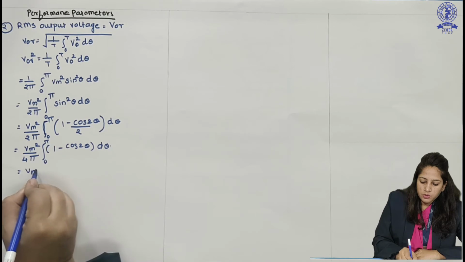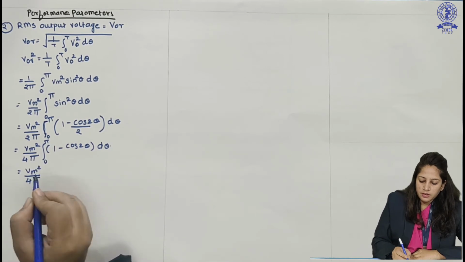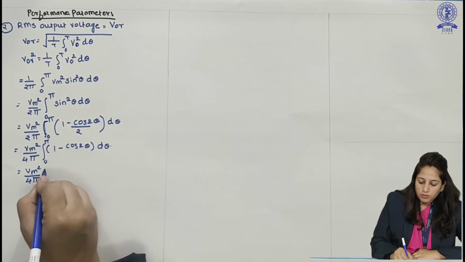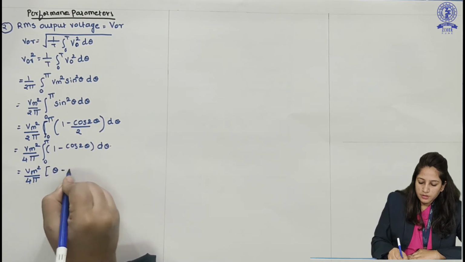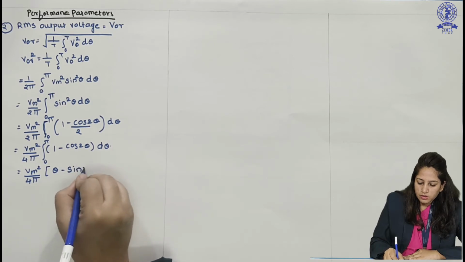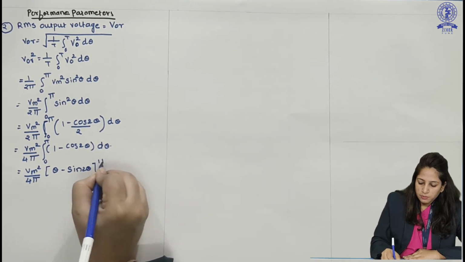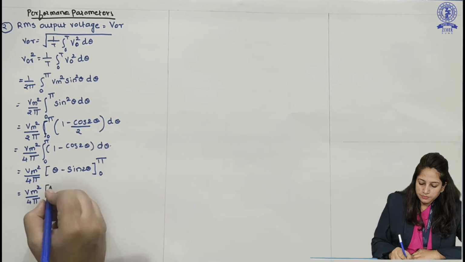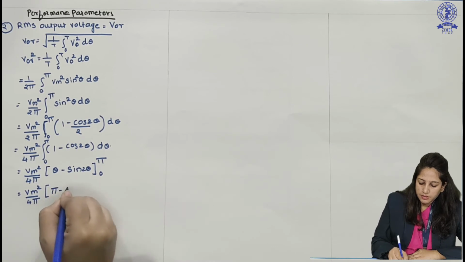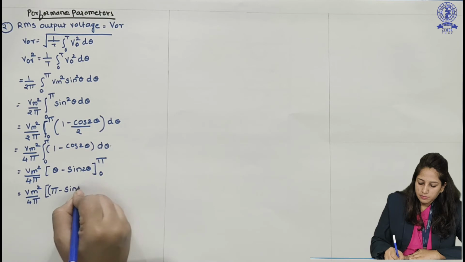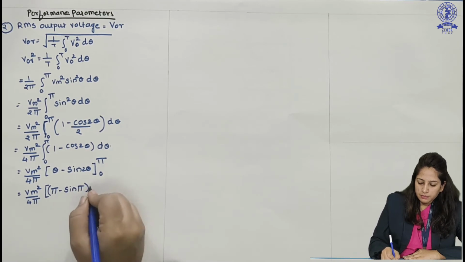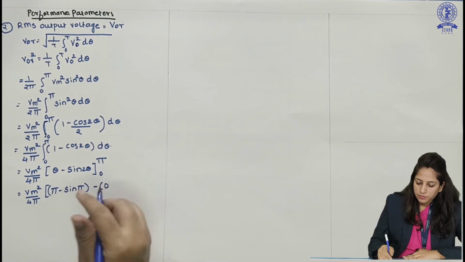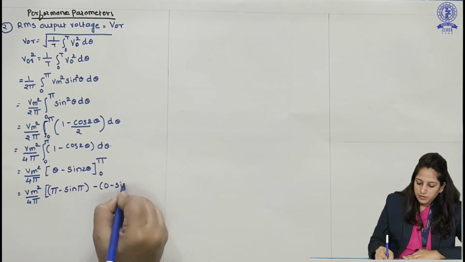I will solve this integration, so this will become theta minus sin 2 theta upon 2, from 0 to pi, and now I will put the limit values in it. So it will become pi minus sin pi, minus 0 minus sin 0.